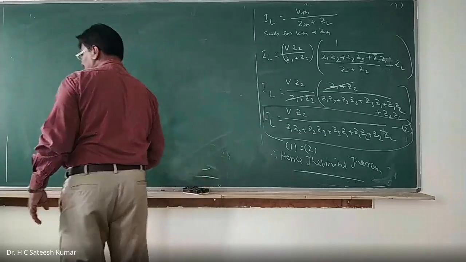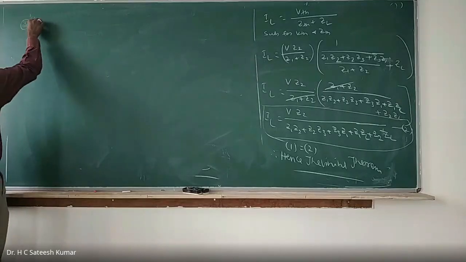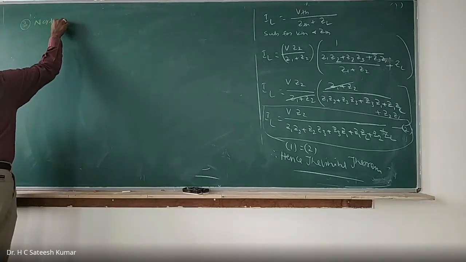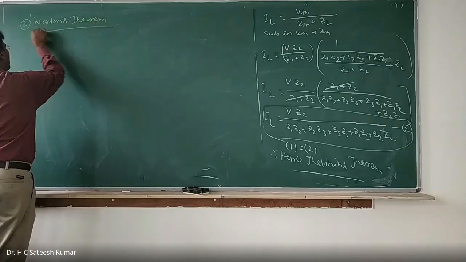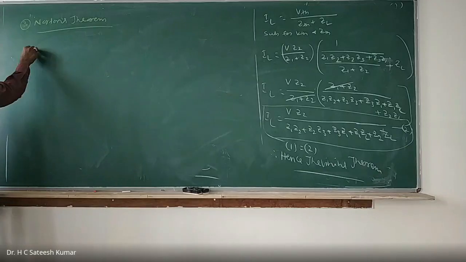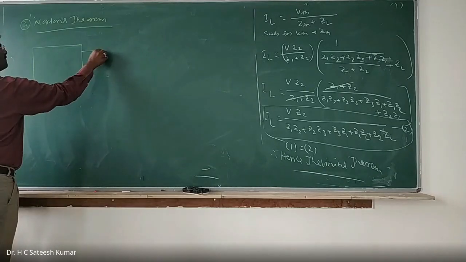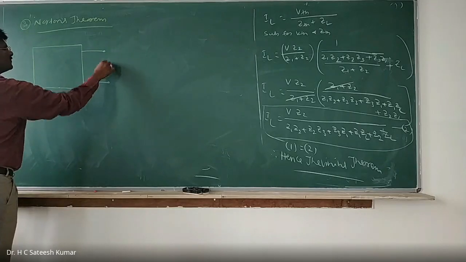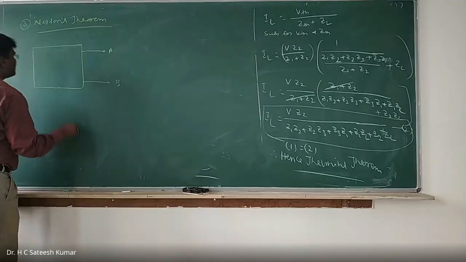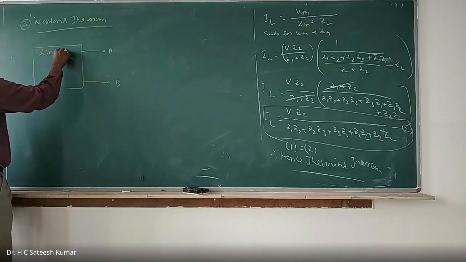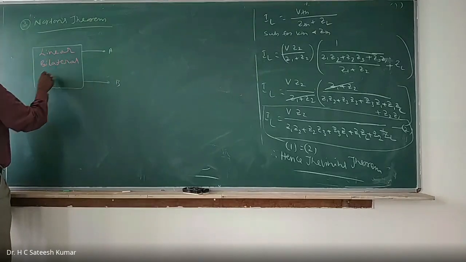Okay. Next is Norton's theorem. Third one, Norton's theorem. Same thing. Okay. This dot remains same with terminal AB. Once again, this is also a linear bilateral multi-source network.